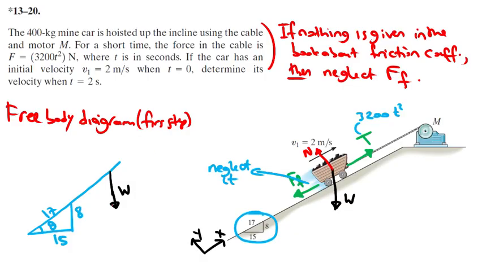So now let's find the components of the W. W will have a component this way along the x, I will call it wx, and then it will have a component this way, I will call it wy. Now the problem is, what is the theta here? That is the question that you need to find.